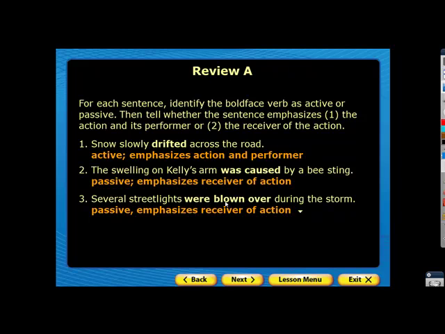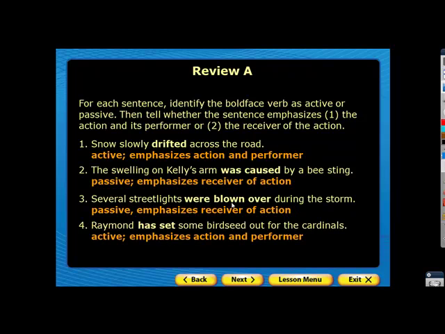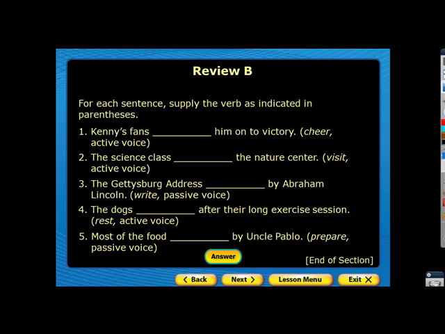Now, was blown over, the passive one. Has set, so focus on the performer of the action. Raymond.